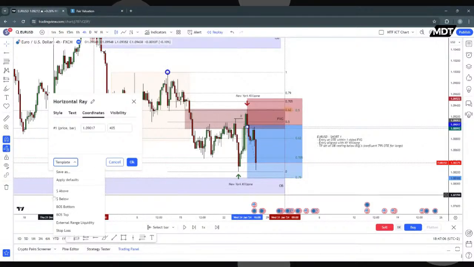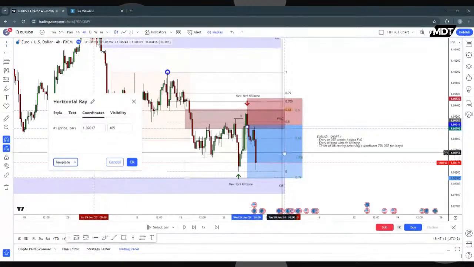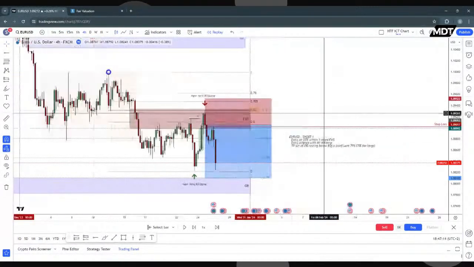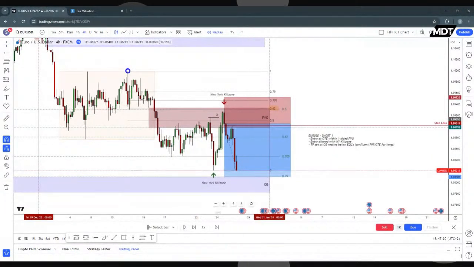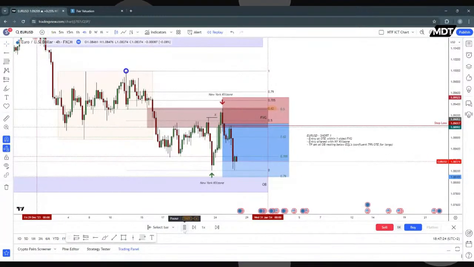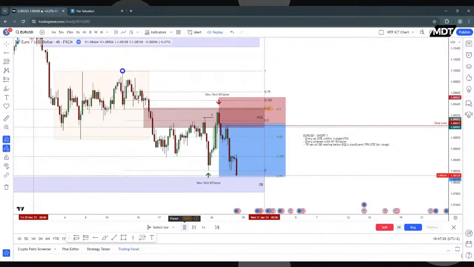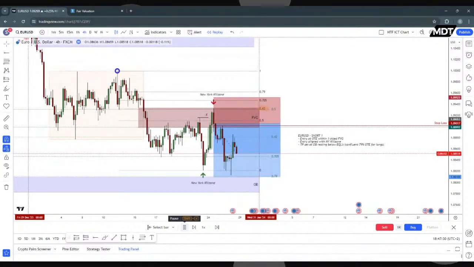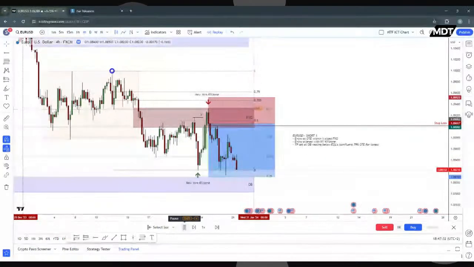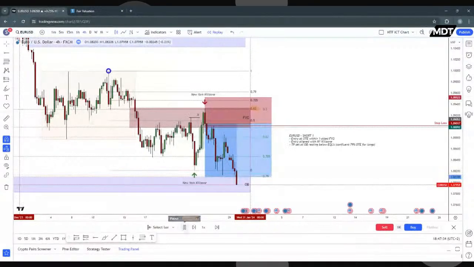If it is a key area, then we should get movement from that area.